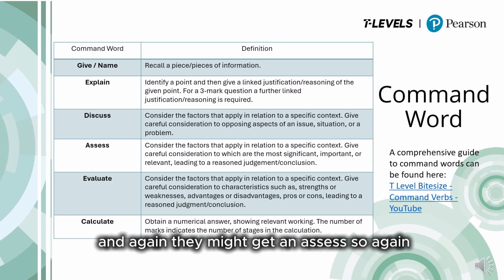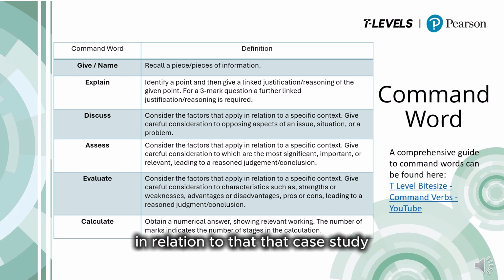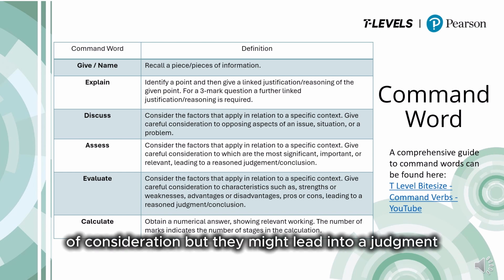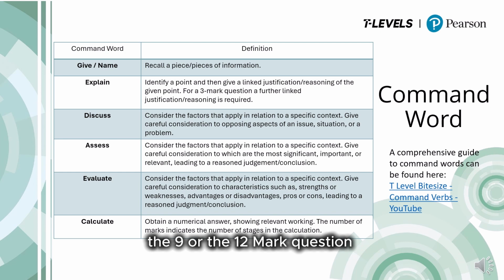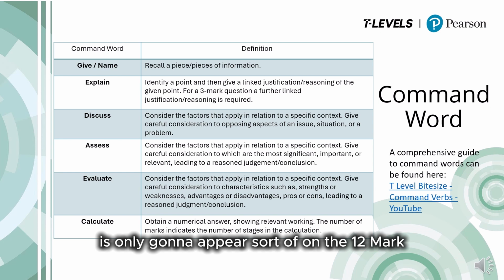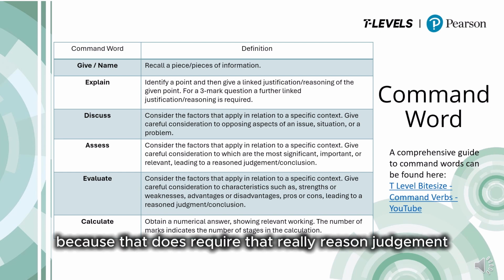And again, they might get an assess. So again, they're going to consider those factors in relation to that case study, and then they're going to give the same sort of consideration, but they might lead into a judgment. This is more likely to appear as the 9 or the 12-mark question. And then evaluate is only going to appear on the 12-mark question, because that requires a really reasoned judgment.